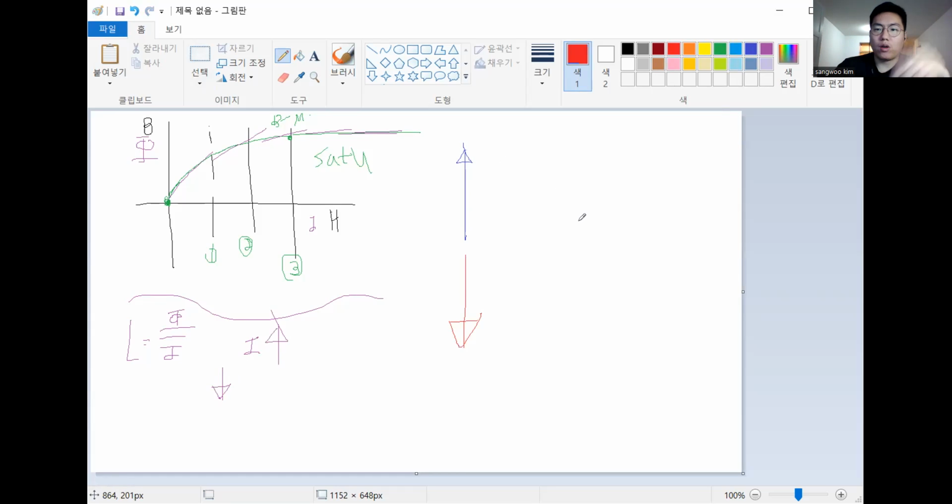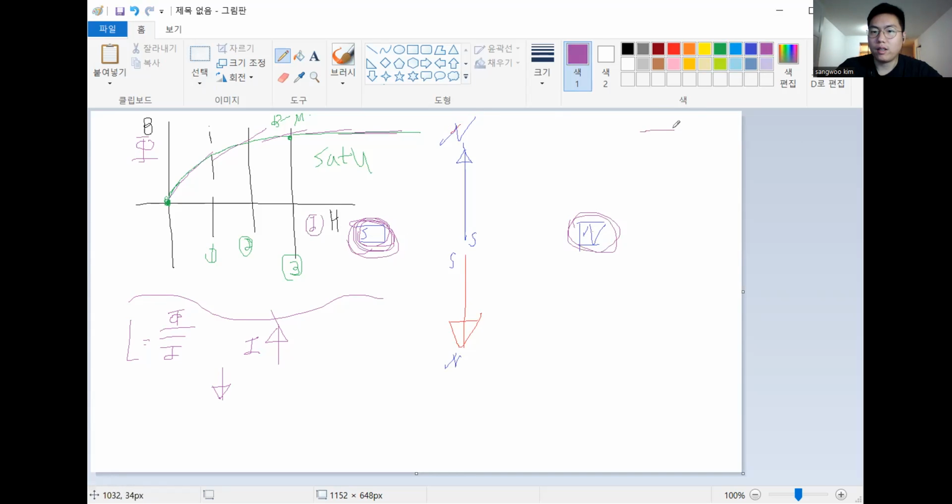But to make it easier to understand, I will draw only two. Here is N, S, and S, N. These two are H, the external magnetic flux density. We can say this is I, just current.